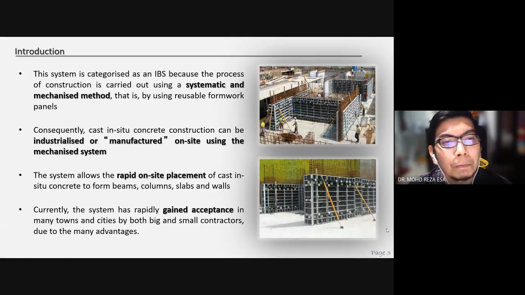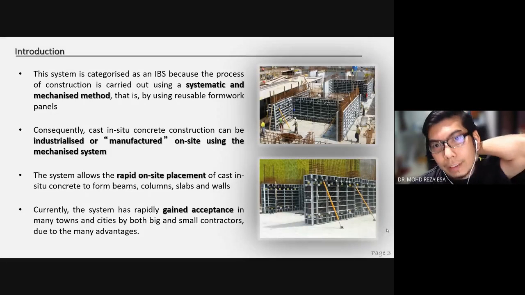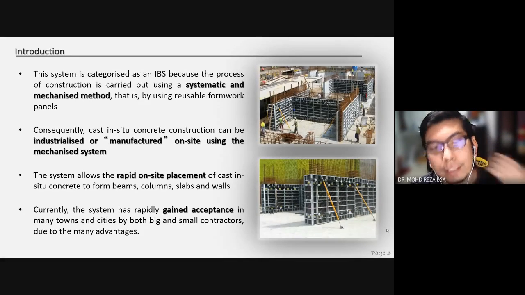Basically, this system has rapidly gained acceptance in many towns and cities by both big and small contractors due to the many advantages. Later on we will look at what the advantages are. This system is getting popular and its usage is increasing tremendously, especially the steel formwork.